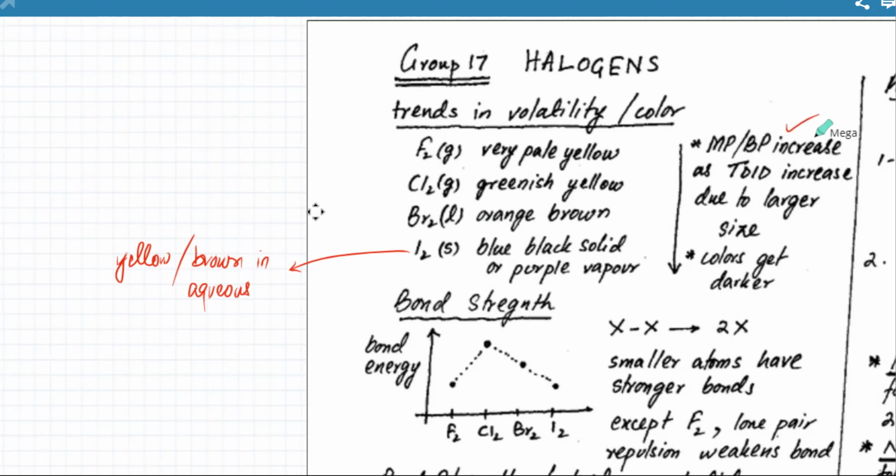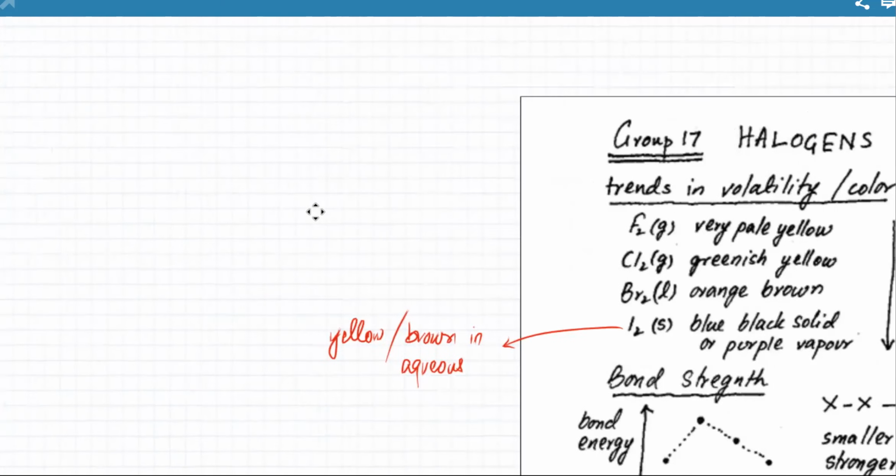Why do they increase? Because the temporary dipole induced dipoles become larger due to size. Remember, what was temporary dipole induced dipole? The only attractive force, because it's a non-polar molecule. For example, if you look at a Cl2 molecule and another Cl2 molecule, they're both non-polar. The only thing that happens is that during collisions, the dipoles fluctuate. Sometimes the electrons on this side shift to the right, so this side becomes slightly negative, this side slightly positive.